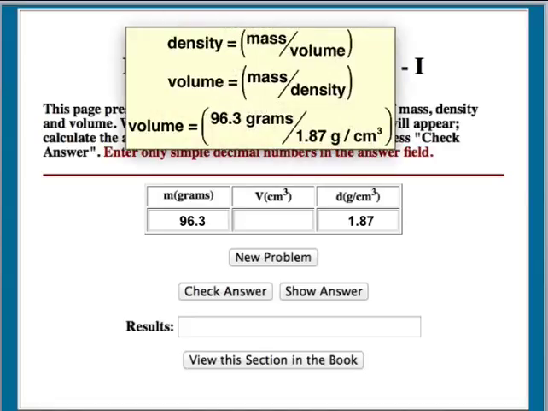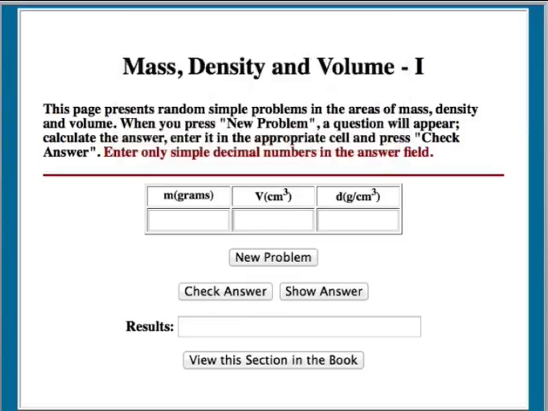Therefore, volume is mass divided by density. All we have to do is plug in our mass, 9396 grams, plug in our density, 1.87 grams per cubic centimeter, do the calculation, and our volume is 51.5. One more perturbation.